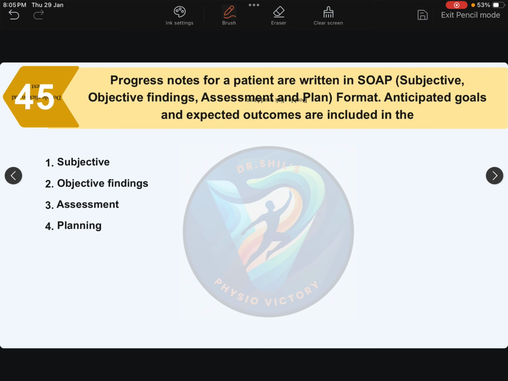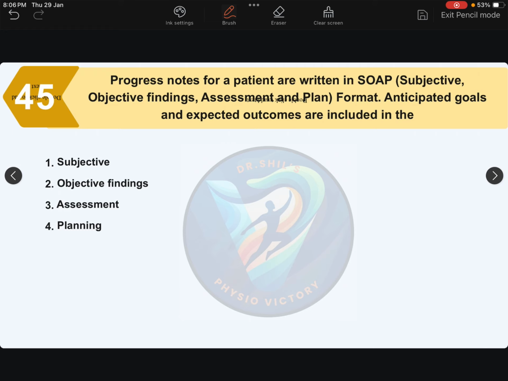Next, come to question number 45. Progression notes for a patient are written in SOAP. SOAP means subjective, objective, assessment, plan. Anticipated goals and expected outcomes are included in option 1, subjective. Option 2, objective findings. Option 3, assessment. And option 4, planning.